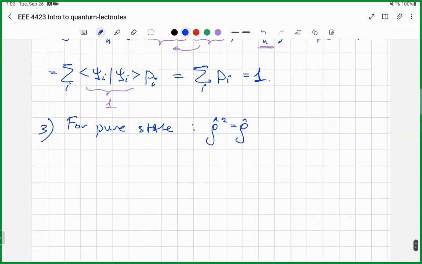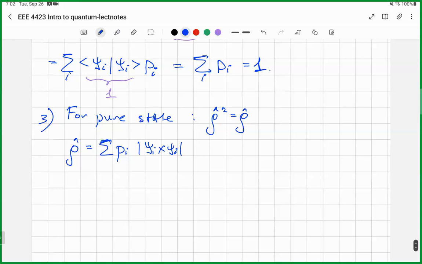For a mixed state, we have this summation of the classical probabilities times |psi_i><psi_i|, and we can use this to describe mixed quantum states, mixed systems.